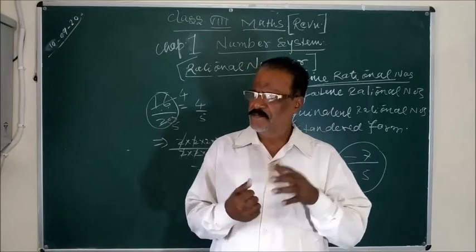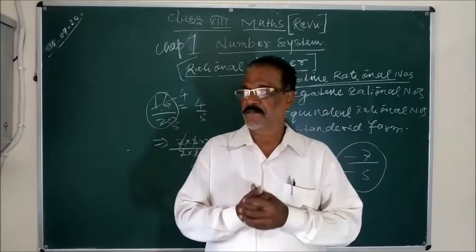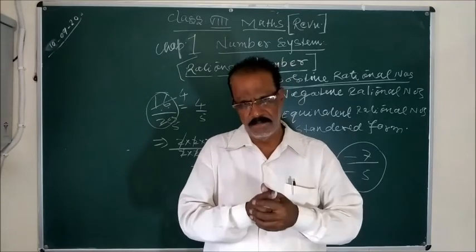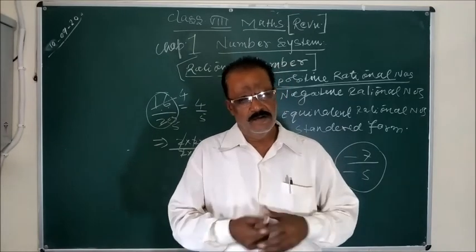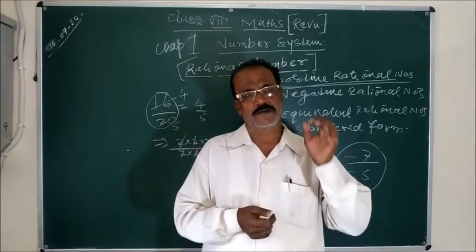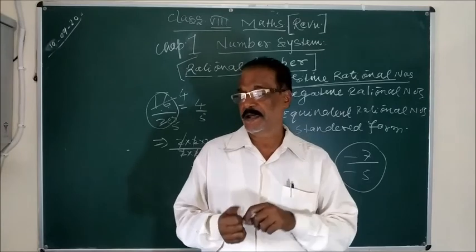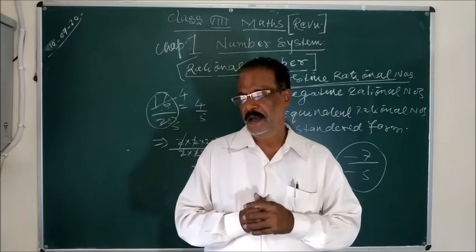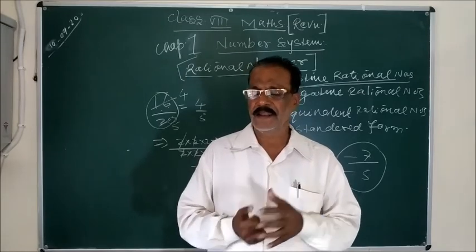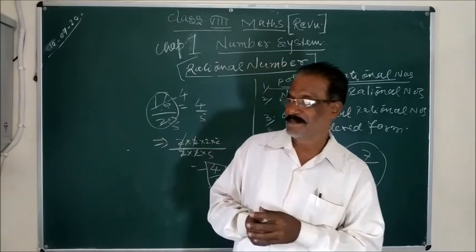So that is called a standard form or simplest form or lowest term. That's all. Because before solving the question, we should understand all this. And you will try to learn all these terms, and then we will come to the question.